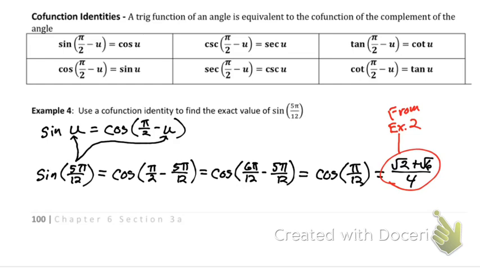What's the point of this? So we could transfer between things and use the unit circle to come up with exact values. What's the point of changing it from sine of 5 pi over 12 to cosine of pi over 12? How is that less complicated? Well, we already know cosine of pi over 12.